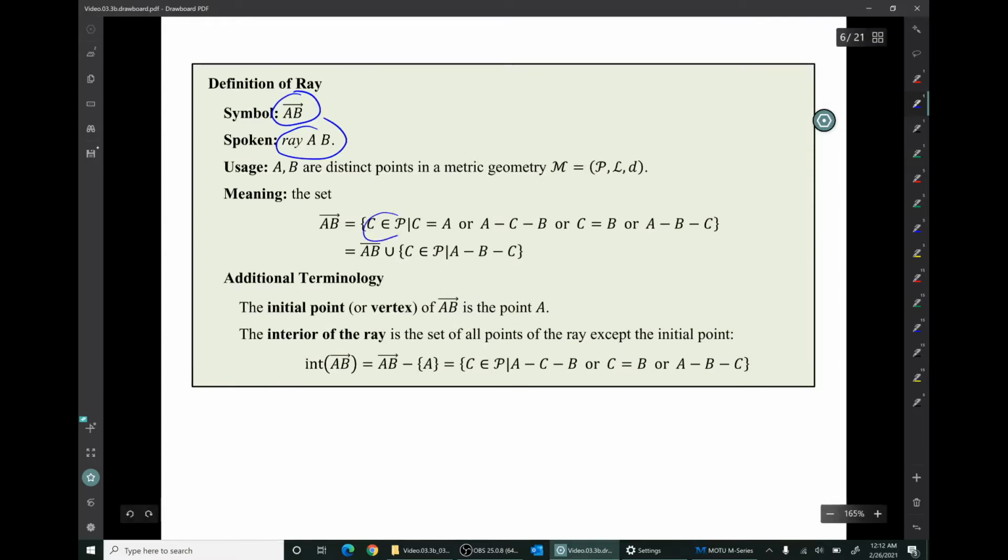The set of all points such that C is equal to A, or C is equal to B, or C is between A and B, or B is between A and C. Another way of thinking of it, maybe more helpful, is it is the union of segment AB with this additional collection of points.